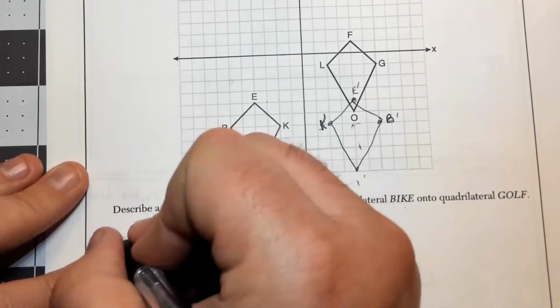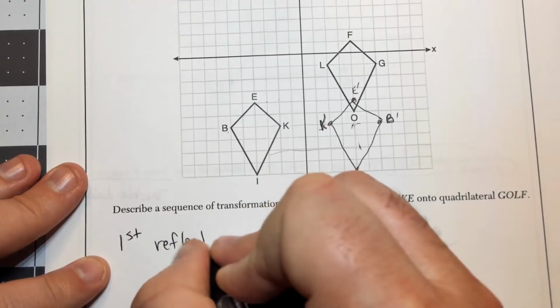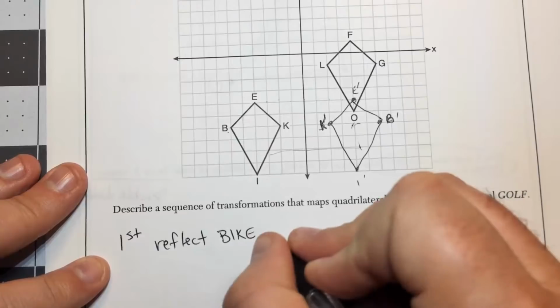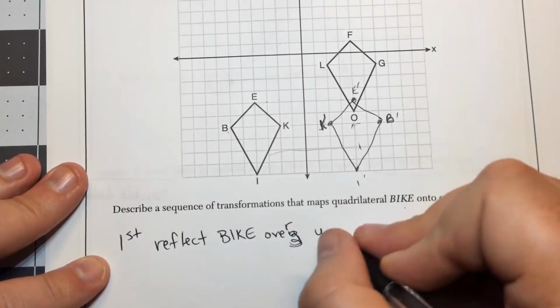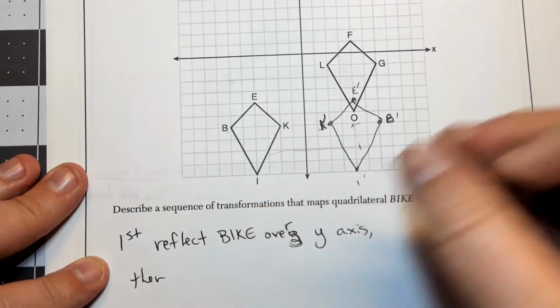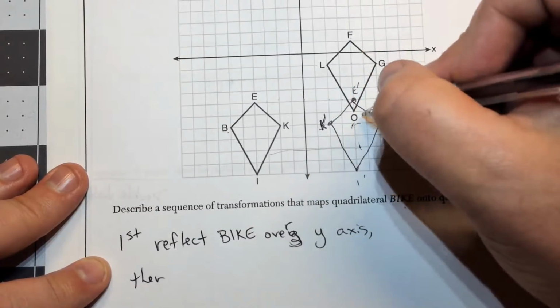So the first thing we want to do, so first, reflect. Make sure you tell me what you're reflecting, okay? B-I-K-E over the y-axis. Then, what do we want to do? We want to translate up 1, 2, 3, 4, 5 units, okay?